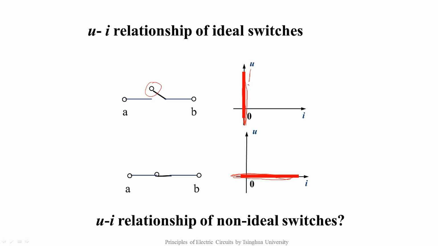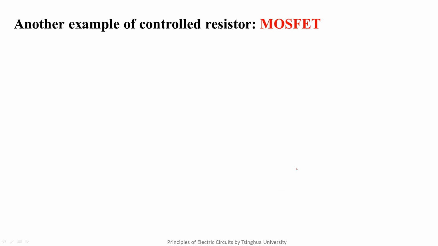So what is a non-ideal switch when it is closed? That is a non-ideal short circuit, and there is a small resistance when it is connected. So the value of resistance is tangent alpha. It is a relatively flat line, but with a certain slope. Tangent alpha is very small. Okay, here we emphasize the concept of the circuit model.